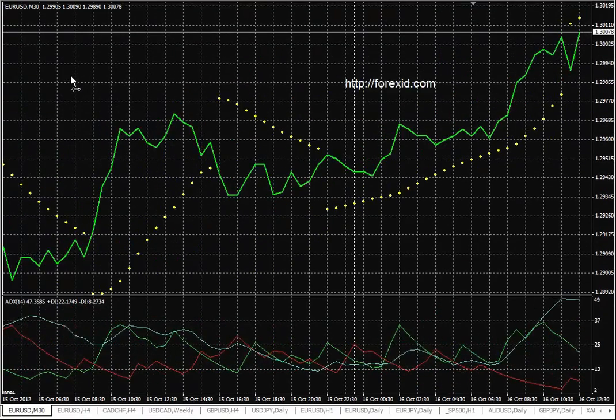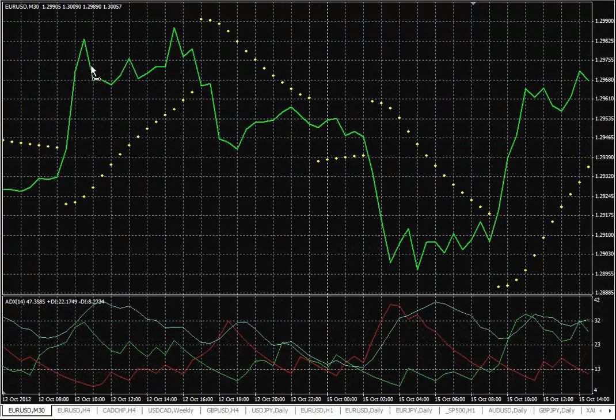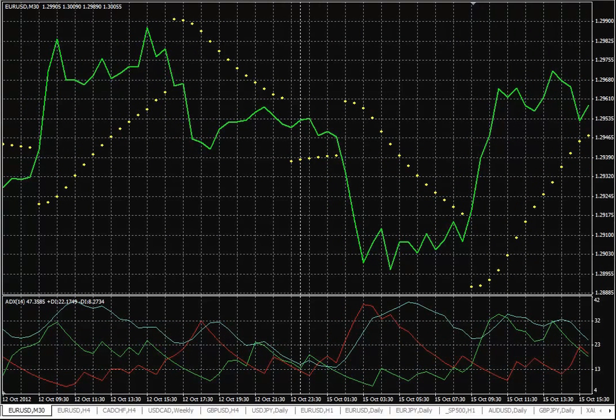I wouldn't stay here and I wouldn't enter here short, because as you see, ADX is below 24. So I wouldn't go through this thriller here. But when I'm here and I'm short, PSAR gives me the reassurance that the price keeps going down.